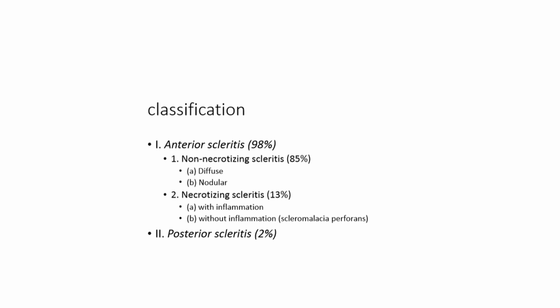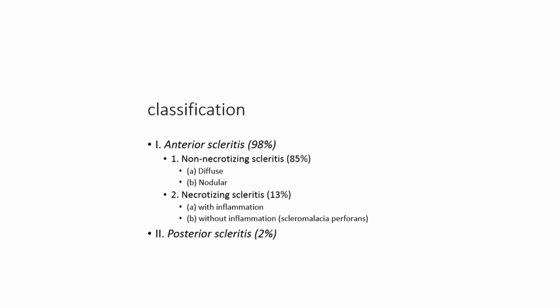Classification of scleritis. Basically it is of two types, anterior scleritis and posterior scleritis. Anterior scleritis is more common, 98% of cases. It is of two types: non-necrotizing scleritis and necrotizing scleritis. In non-necrotizing scleritis, we have two forms, diffuse and nodular.